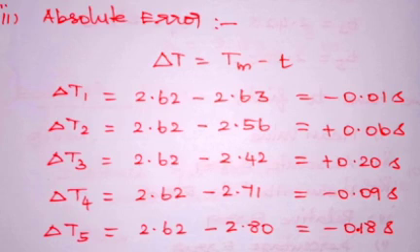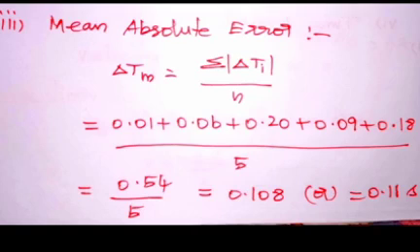Third one, mean absolute error. Del Tm equal to sigma modulus of del Ti divided by n, which means we take the absolute errors. For that we use the modulus value, which turns the negative values into positive.